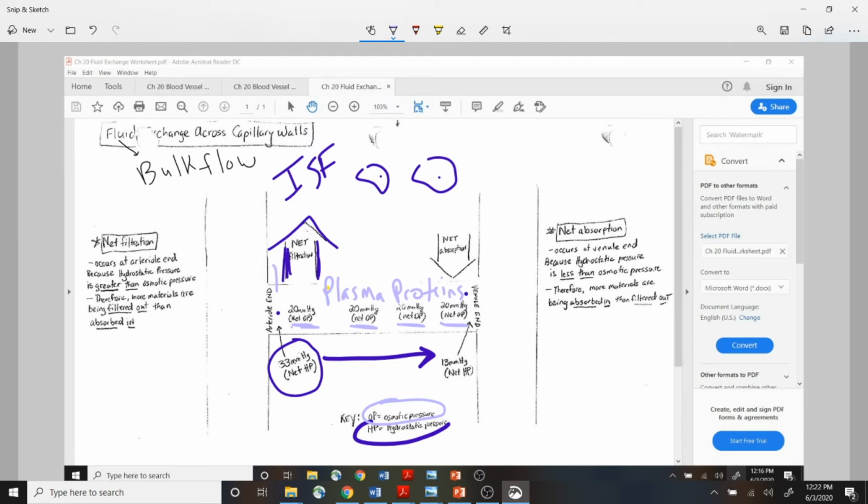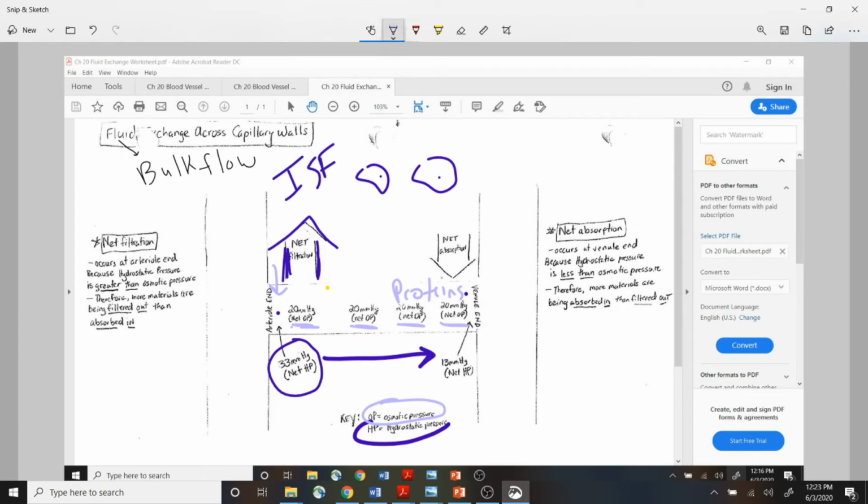So does that mean that there's none of this little absorption happening? No, it's happening, okay? Just not as much. So I'm going to get rid of my big plasma protein sign there. There you go.